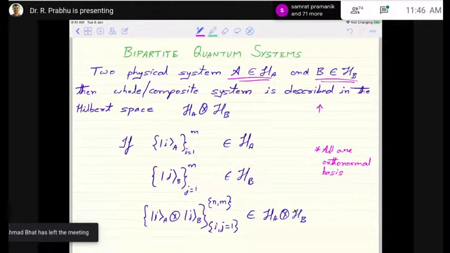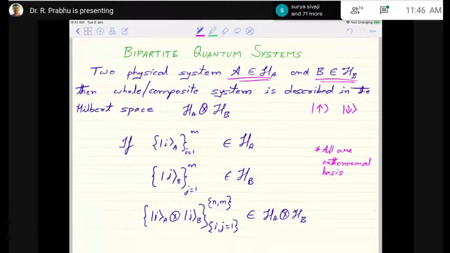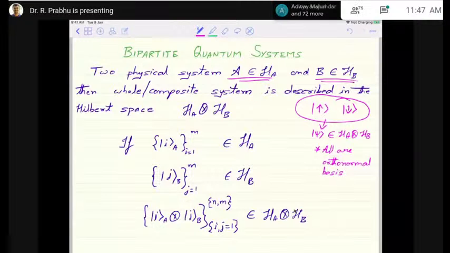For example, if you have a spin up and spin down state of a spin-1/2 particle, I don't want to address them individually. Rather, I want to write a wave function corresponding to these two particles as a collective one. In such cases, the Hilbert space is written as HA tensor product HB. So you have to write the tensor product of these Hilbert spaces.